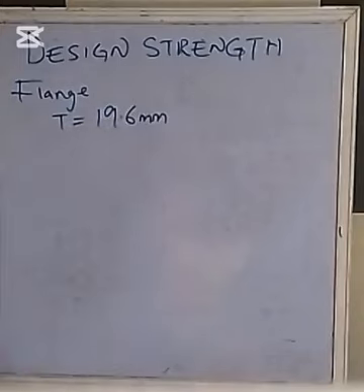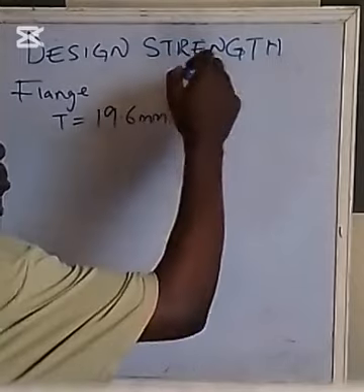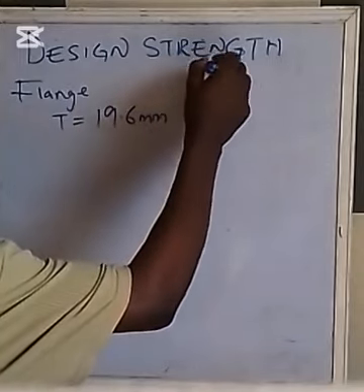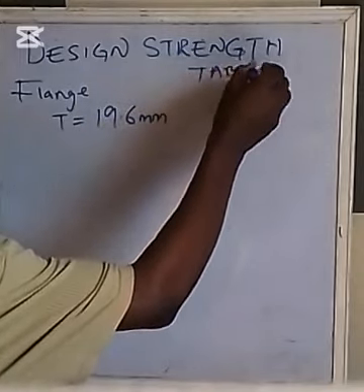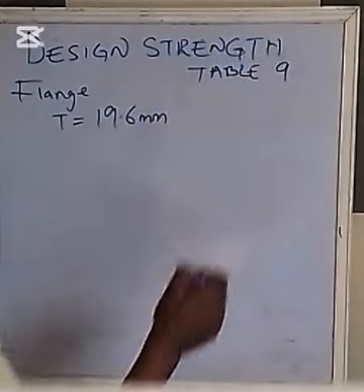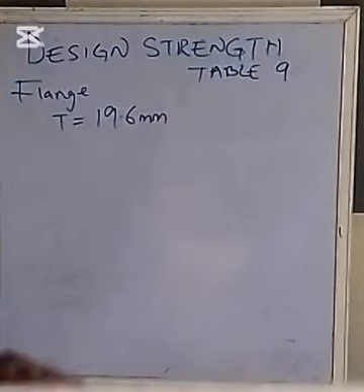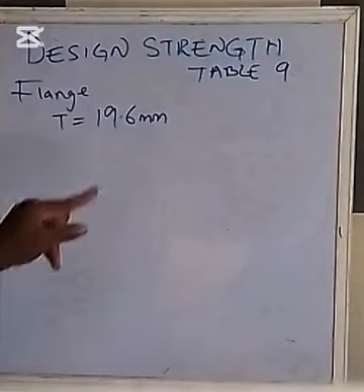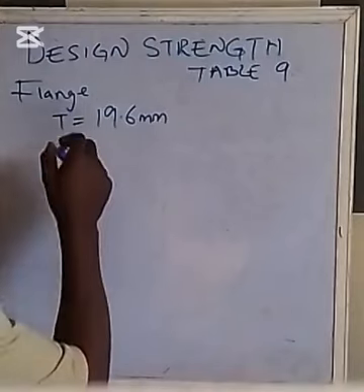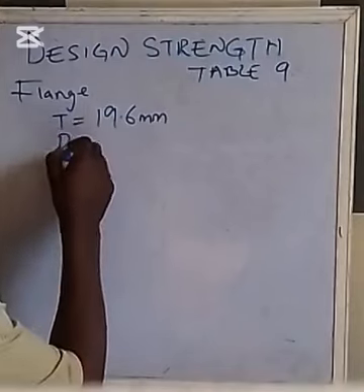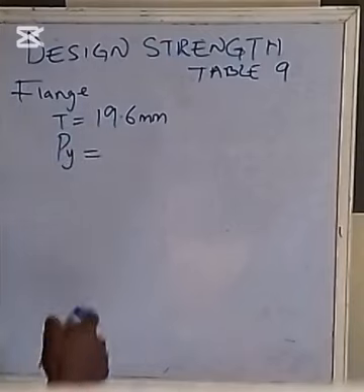So now, you are going to check on table 9. From table 9, we are going to check to know what our Py, which is the design strength of the flange, is.